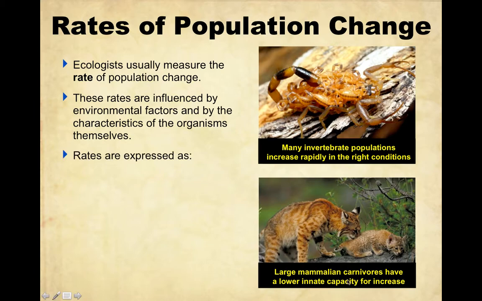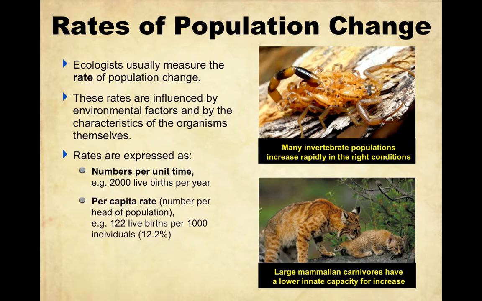So these rates are expressed as the numbers per unit time, so for example, 2,000 live births per year, or per capita rate, the number of births per 1,000 individuals, so the number per head of population, okay? So these are 2 different ways that we show population change over time. You are probably more familiar with the per capita rate.